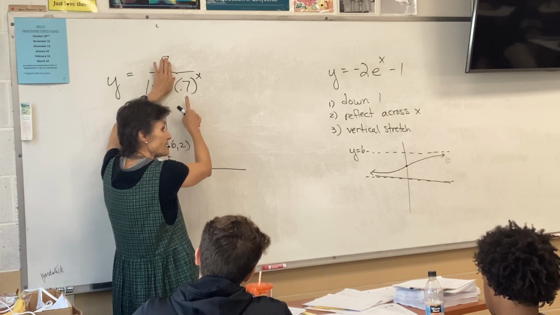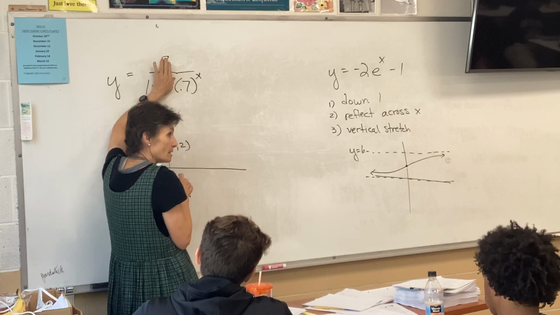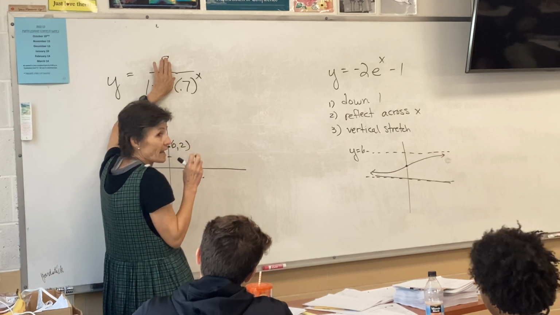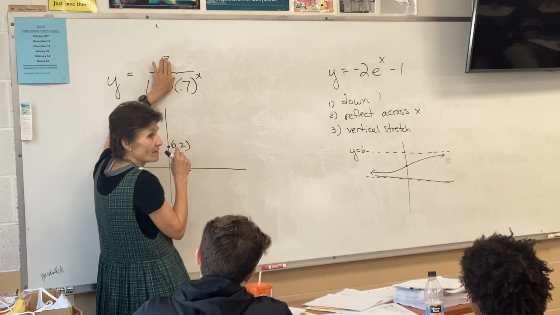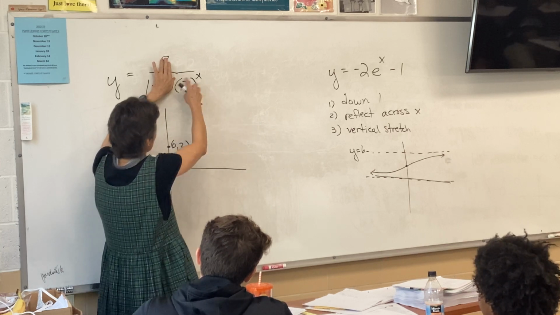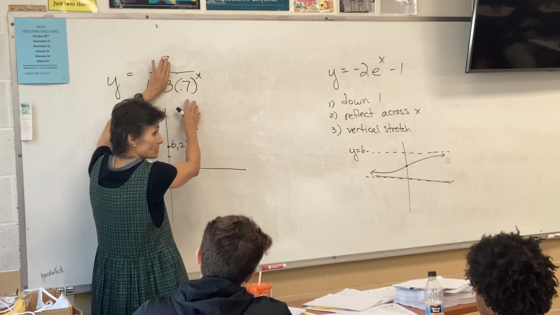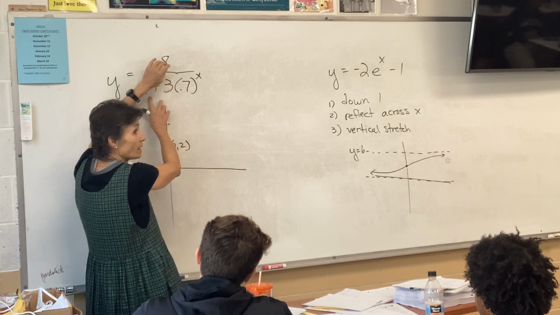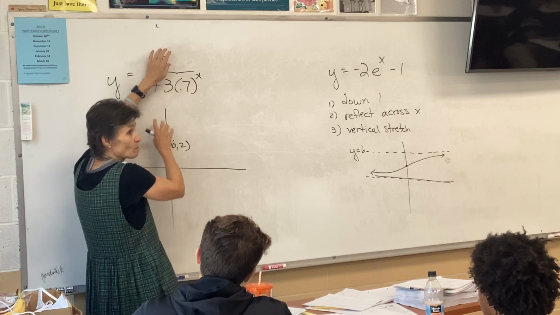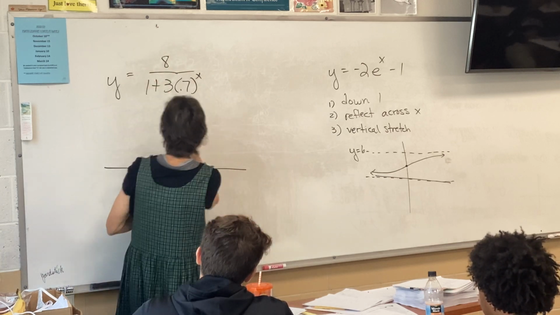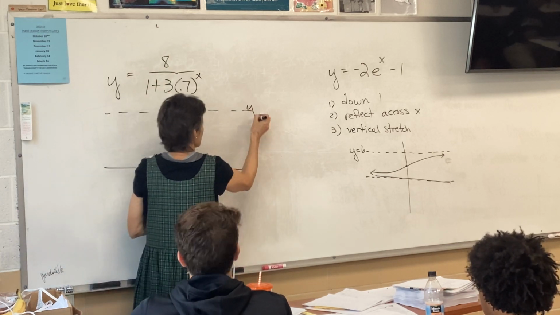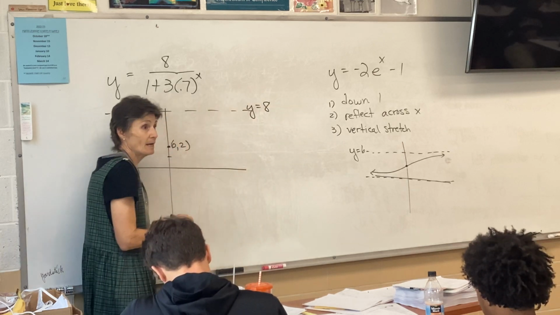And eventually it gets so small that we'll think of it as 0. It'll disappear eventually. And if that's 0, then multiplying it by 3 is still 0. Adding it to 1 will be 1, so we have 8 over 1. So that top asymptote is up here at 8.